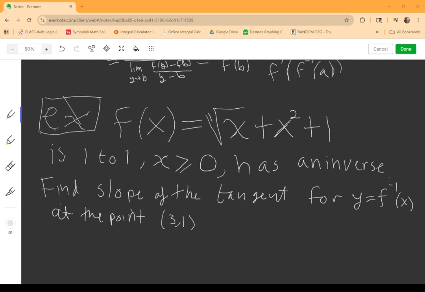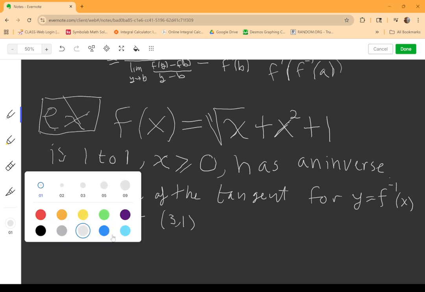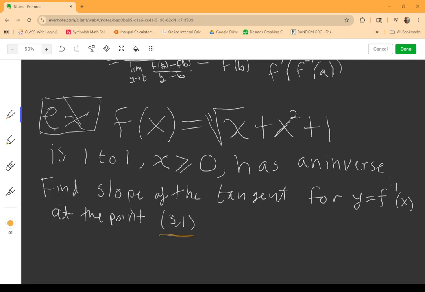One thing to recall, a couple of things here. This point is on the curve f inverse of x.